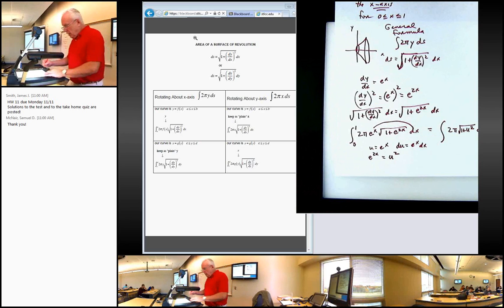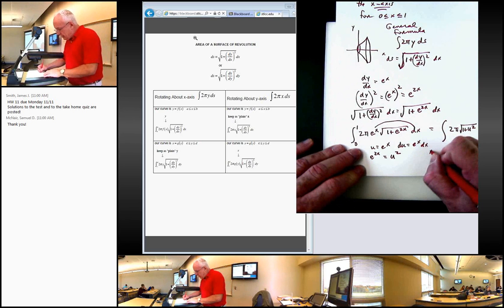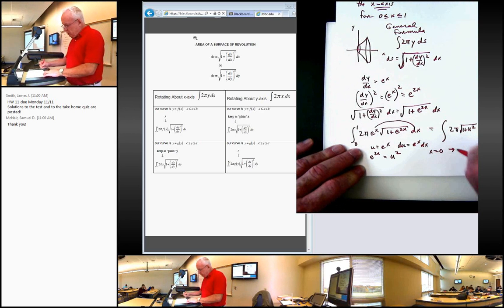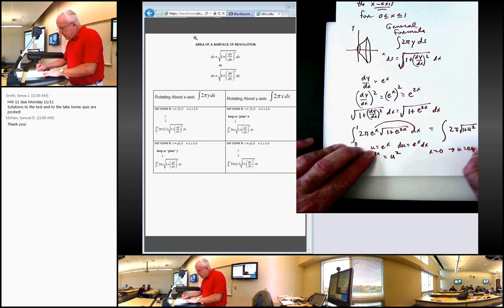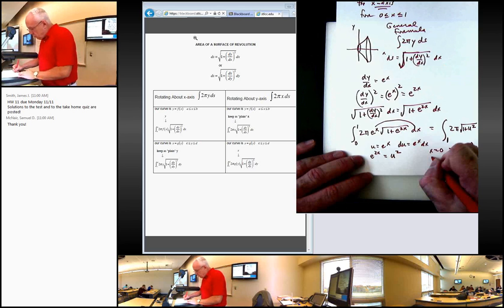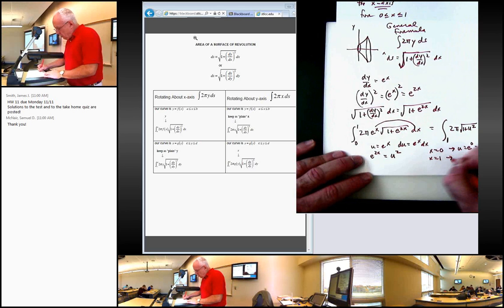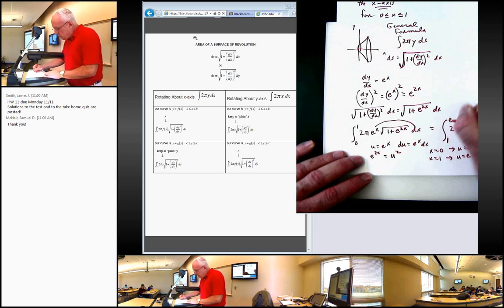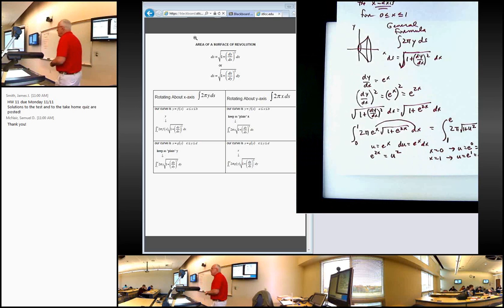When x is equal to 0, then u is e to the 0 power, which is 1. And when x is equal to 1, u is e to the 1 power, which is e. So our top limit is the number e.